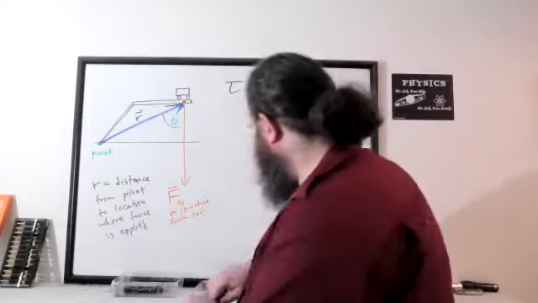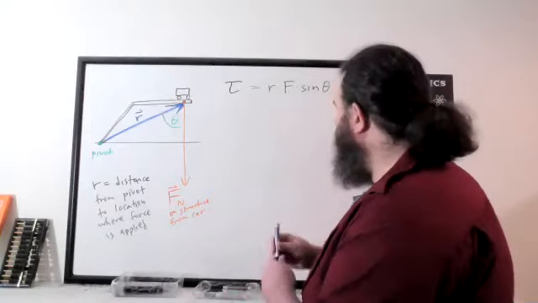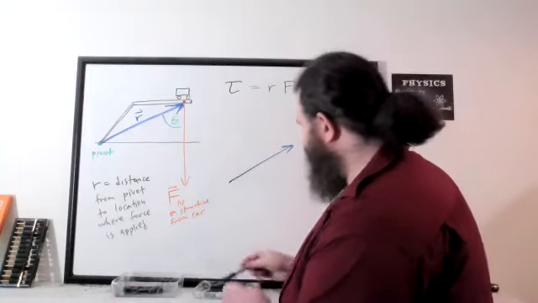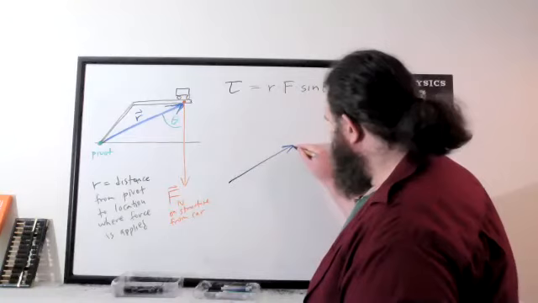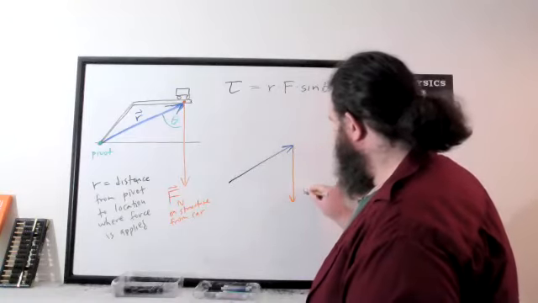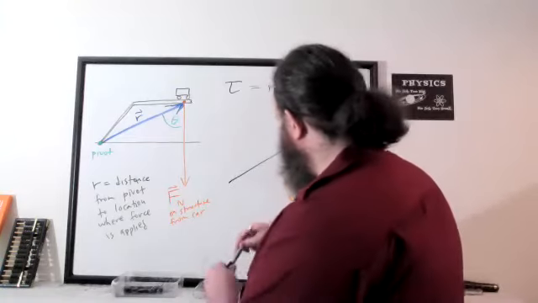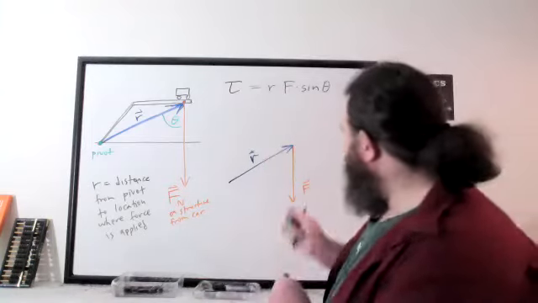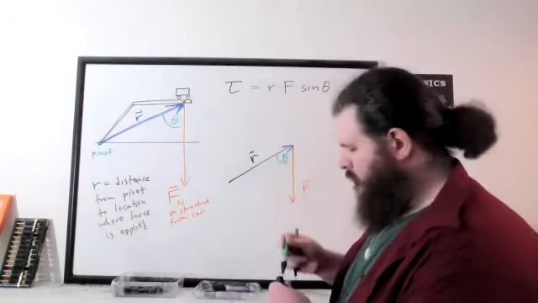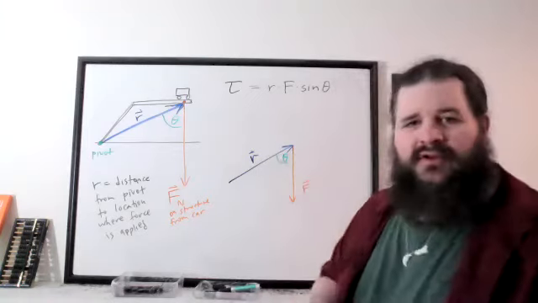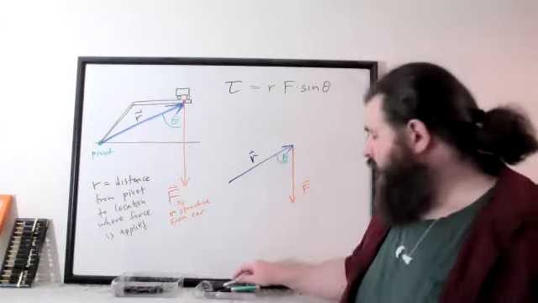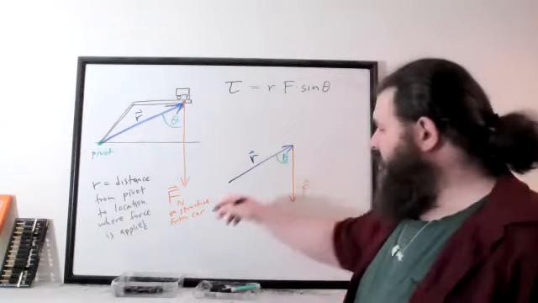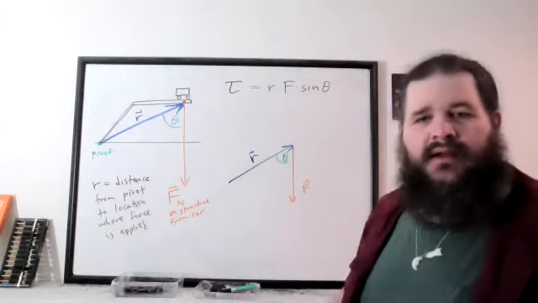For example, if we have this radius vector, and we have this force vector, let's say we split up the force vector. Instead of splitting the force into the usual x and y components, which aren't going to be as useful here, we can split up the force into a component perpendicular to the radius and a component parallel to the radius.